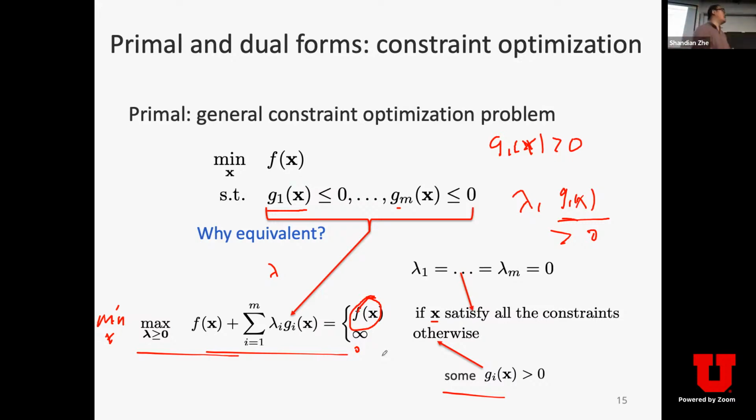Of course, if you do a minimization, infinity won't be your final optimum. So the result will be the minimum of f(x) where x satisfies all the constraints. This is exactly what the original constrained optimization problem does. That explains why the minimax optimization problem is equivalent to the original general constrained optimization problem.